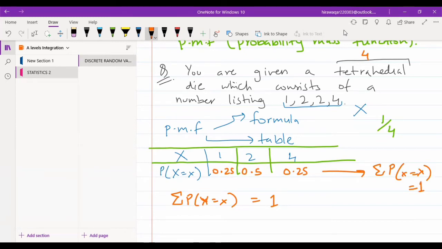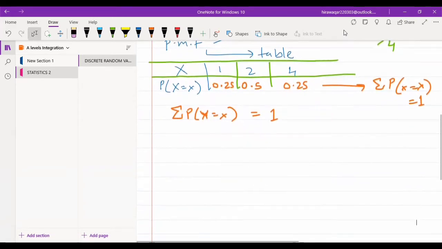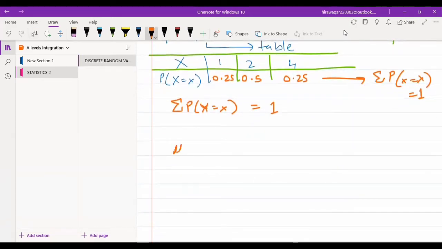Now, in this, they are going to find the mean. Mean can also be written like this, mu. But in this chapter, we are going to learn some different kinds of names. So mean can also be written like this, or you can also write mean as an expected value. This is known as expected value. This is also mean.